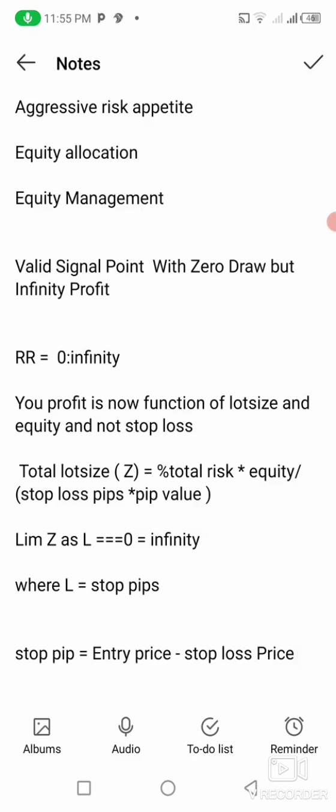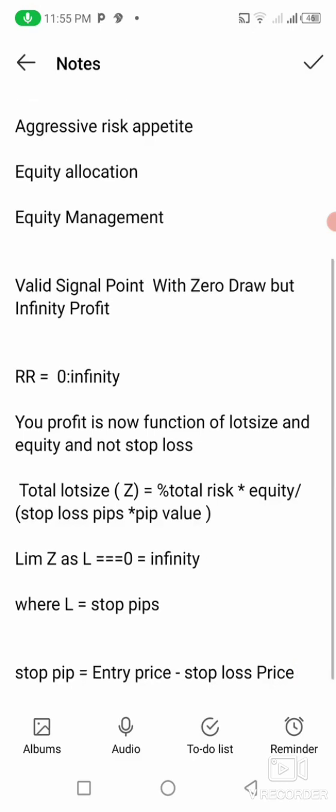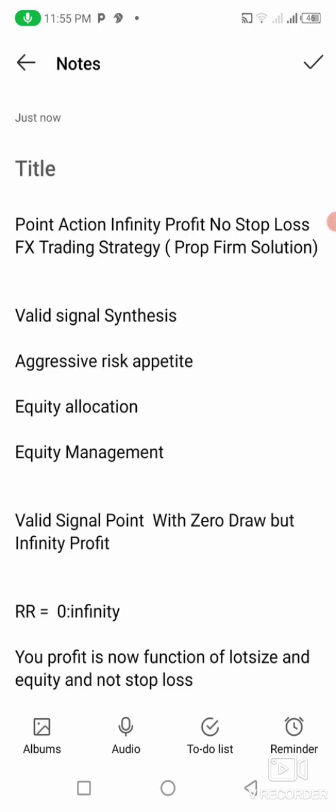So this idea does not involve stop loss. We are not placing stop loss because you know what you are doing, and so you use big lot size. If a drawdown exists, it will not be far from zero. It will be within the neighborhood of zero.